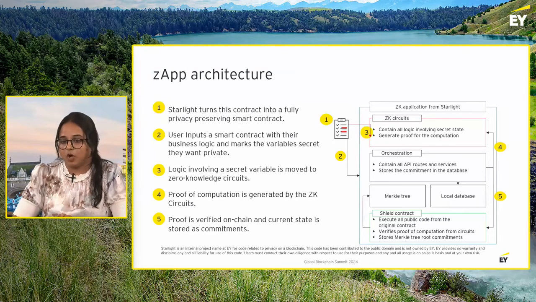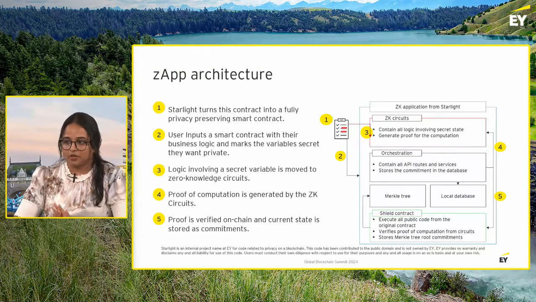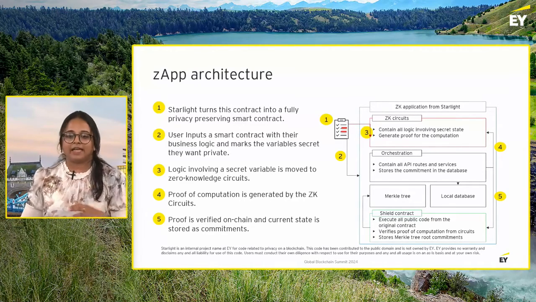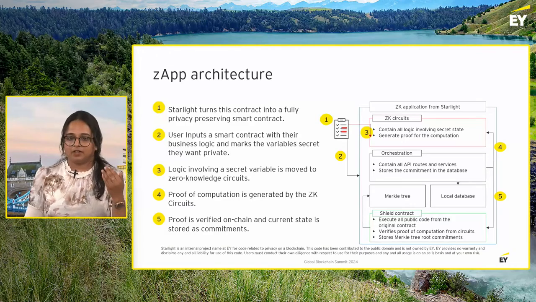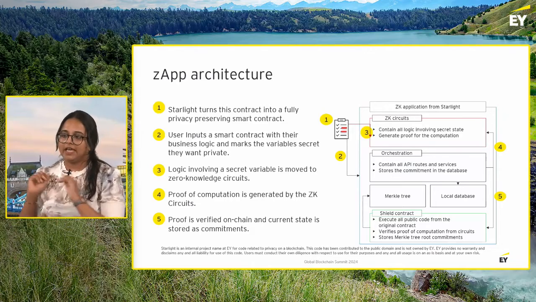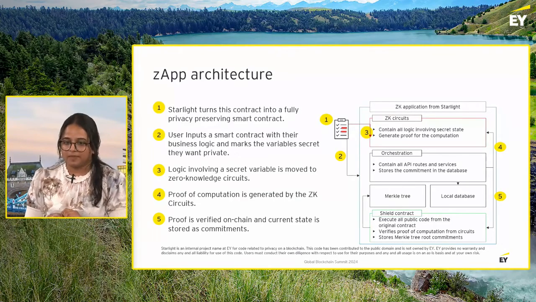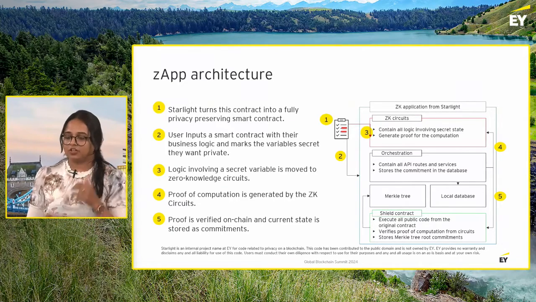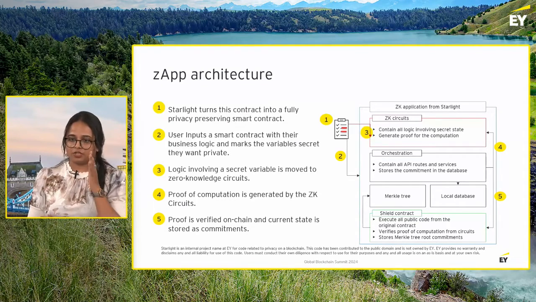The next component is the shield contract, which sits on chain, and any public logic from the original smart contract will be executed on chain inside that shield contract. As well, this shield contract verifies the proof that got generated from the circuit, and it stores the Merkle root of the commitments that were generated during the proof generation.